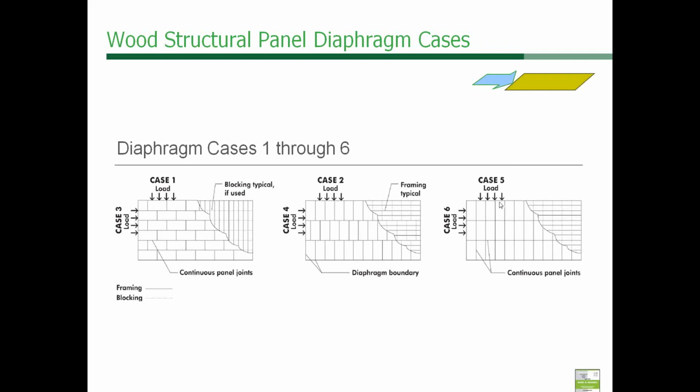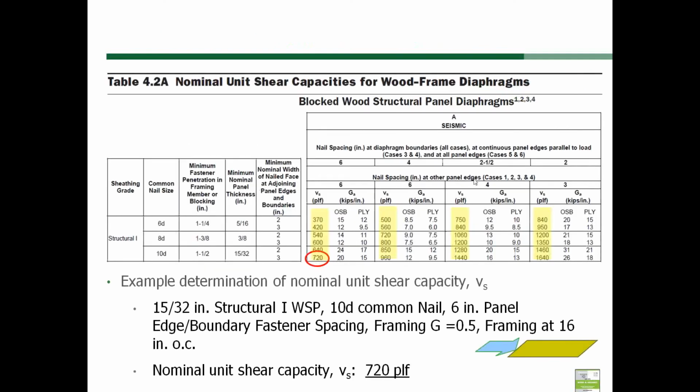These cases that are shown here, similar to what we've seen earlier, show the way the panels are laid up on the framing. And so you have your case 1, case 3, case 2, case 4, case 5, case 6, and those then carry into the tables here at the top of the headers, where cases 3, 4, 5, and 6 are shown here in this top row.